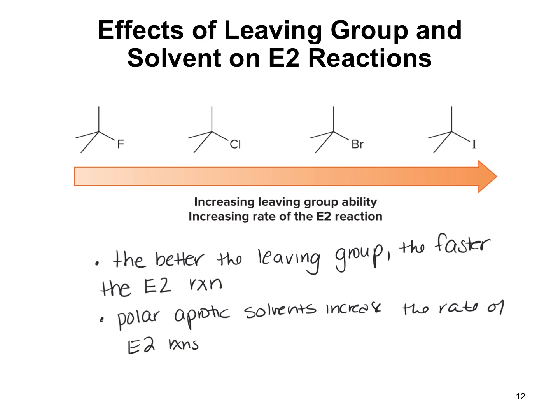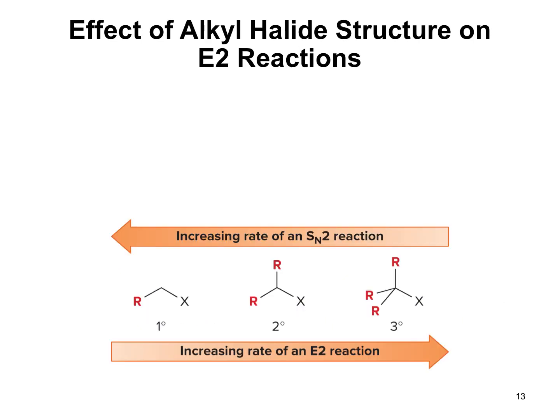Okay, so let's look at the structure of the alkyl halide. So SN2 and E2 mechanisms differ on how the alkyl halide structure affects the reaction rate. And that's a big deal. That's one of the ways we're going to be able to tell these two reactions apart.